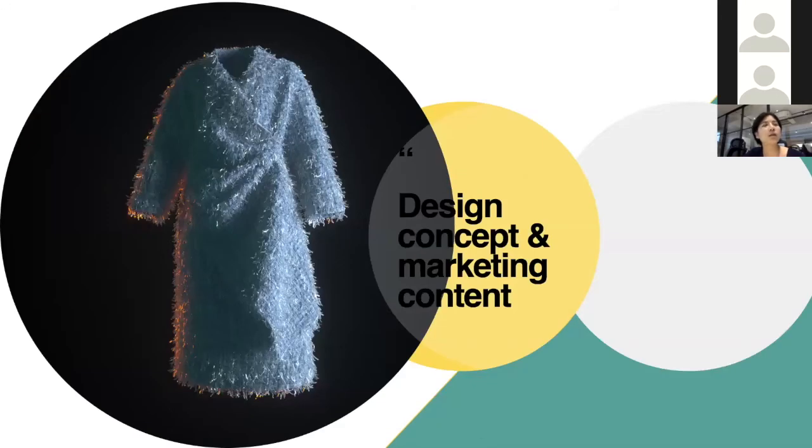And the last that I prepared is some design concept and marketing content we have created before. This is the result generated by DCS, and then we put it into other 3D software to explore the possibility of the 3D garment.